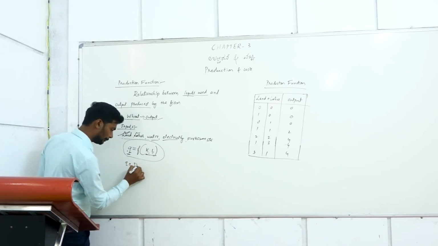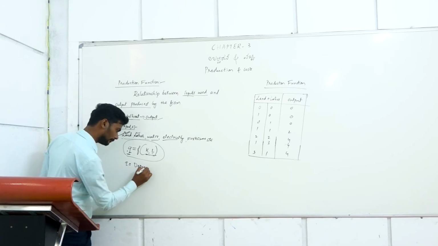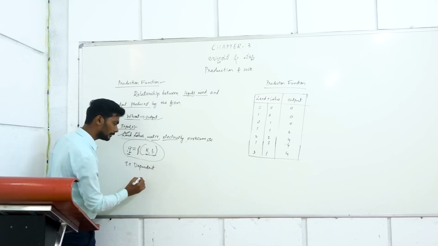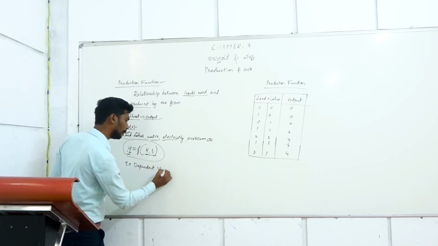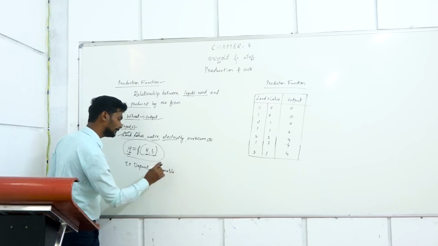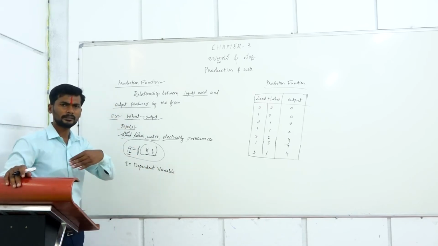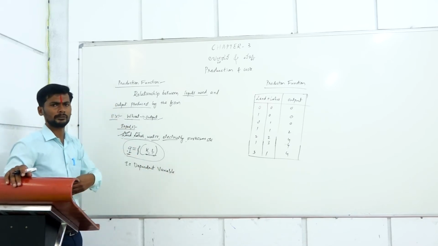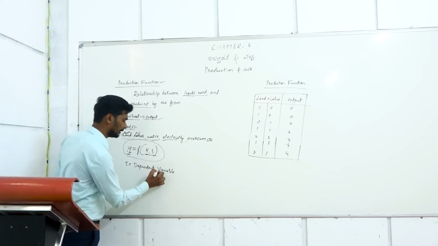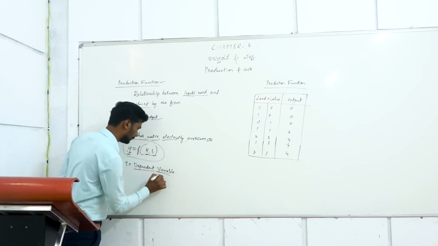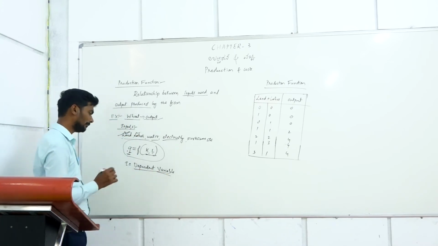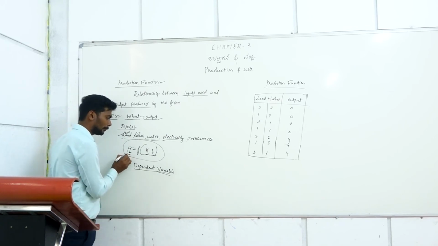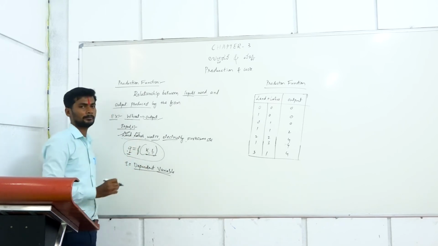Q is a dependent variable. Why is it a variable? Because it will change. Why is it a dependent variable? Because the output will depend upon inputs.